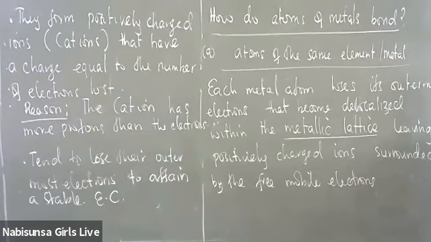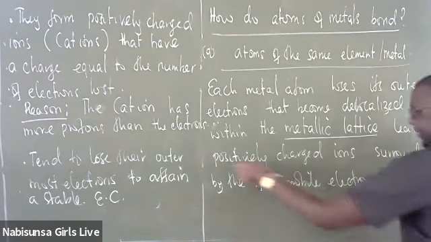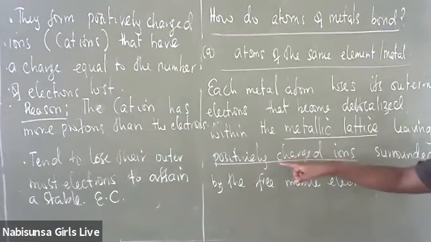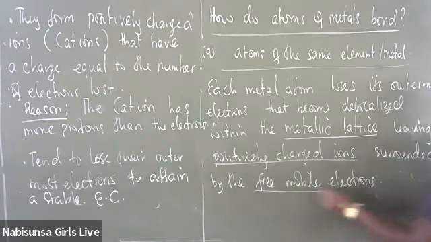So, what do you know about metals? Things that I want you to know about metals: they form what they call metallic lattices. What is a metallic lattice made up of? A metallic lattice has positively charged ions surrounded by free mobile electrons.